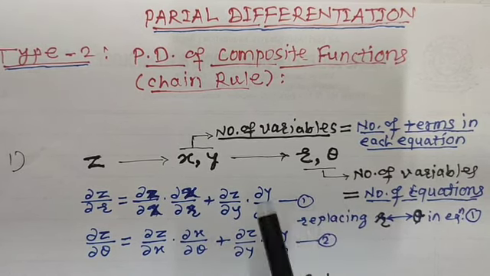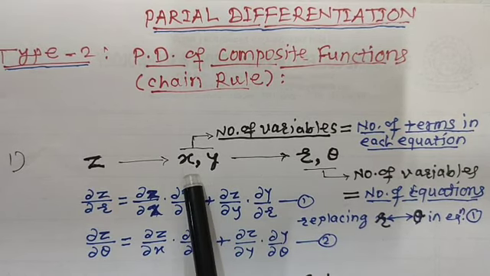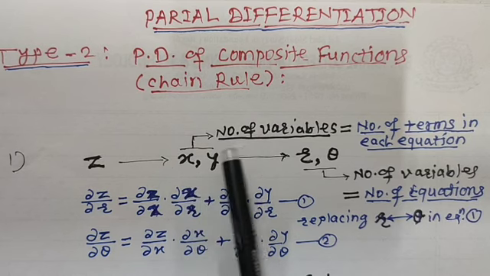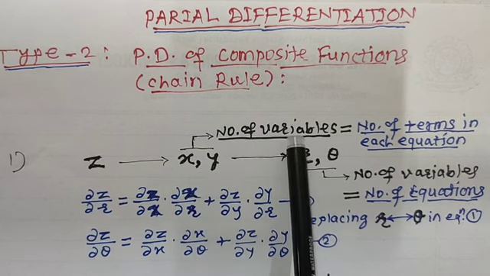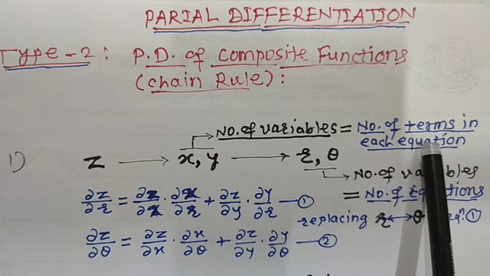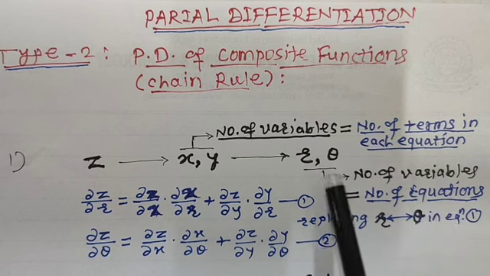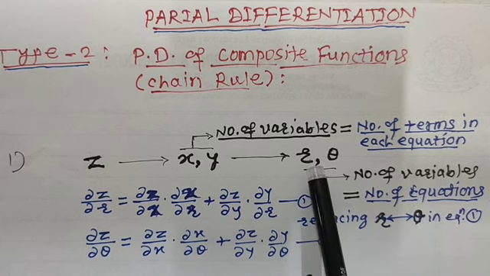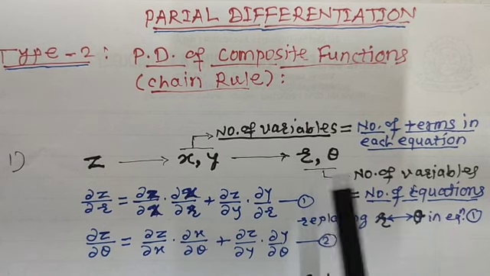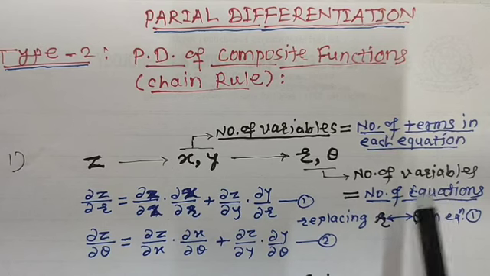The number of variables appearing here, two, is equal to the number of terms in each equation that we obtain by using the chain rule. The number of variables appearing here, r and theta, two variables, is equal to the number of equations.